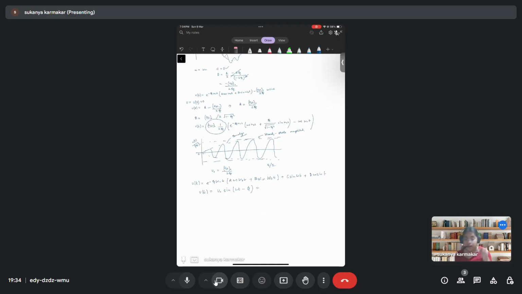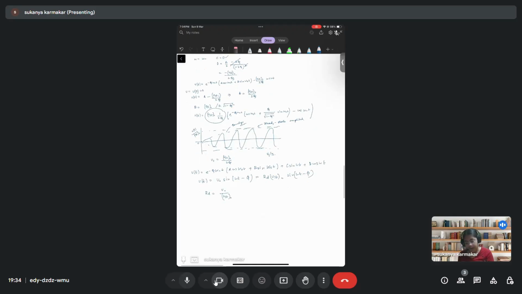And again, how we had defined rd, we had defined rd to be u naught by ust naught. This is what we had defined earlier. So here again I will write u naught to be rd into ust naught into sine of omega t minus phi.